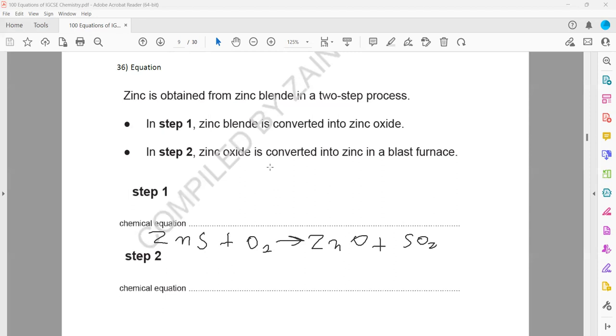So the zinc sulfide reacted with oxygen to form zinc oxide plus sulfur dioxide. Then the equation must be balanced. 1 mark is always for the correct product, and the second mark is for balancing.